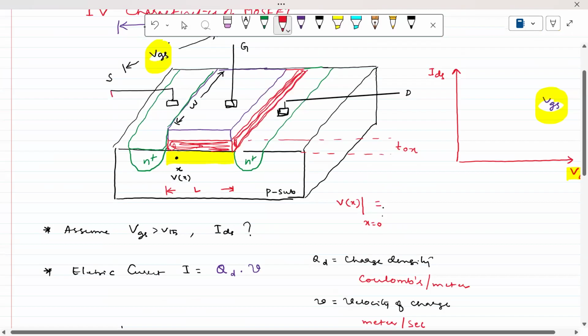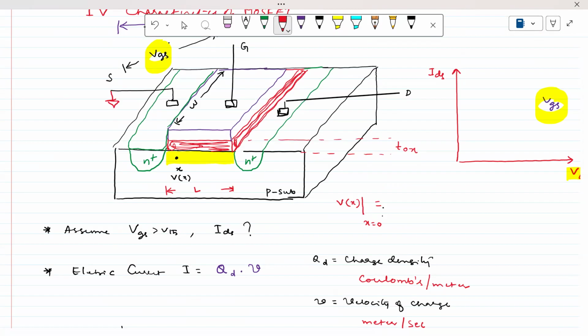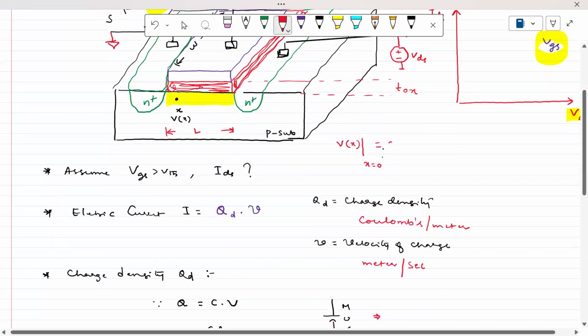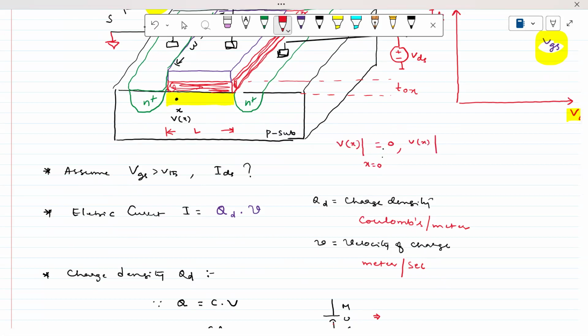In the previous class, we mentioned that this is actually connected to ground, and this side is connected to some potential, which we apply here. This is called VDS. What is the value here? 0. Now what is V of X at X equal to L? L means this is the 0th distance, and this is the X distance, which is near the drain. What is its value?